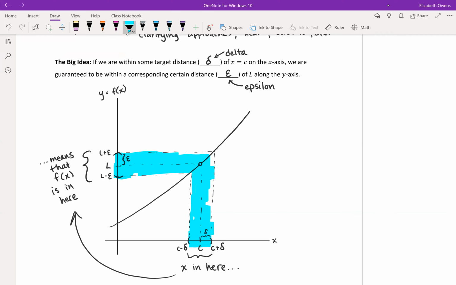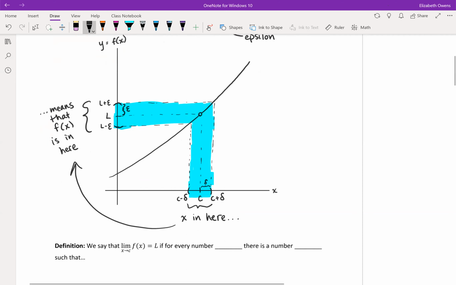There's that word again, closeness. We can get very close to x equals c, and that will correspond to getting very, very close to y equals L, or f of x equals L. So that's how this is going to correspond to our limits.